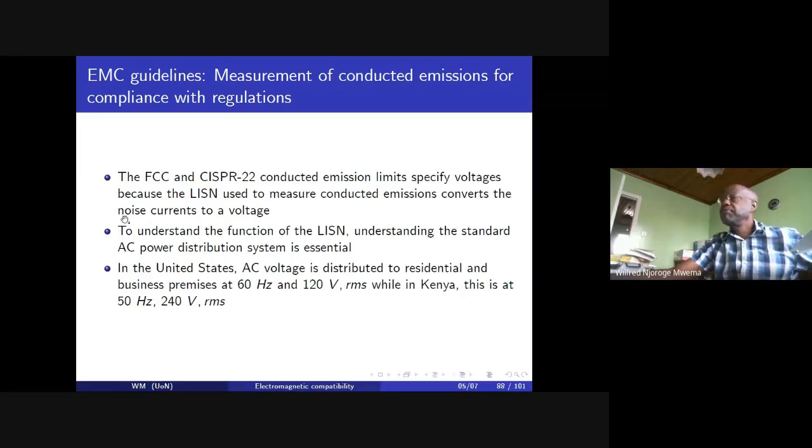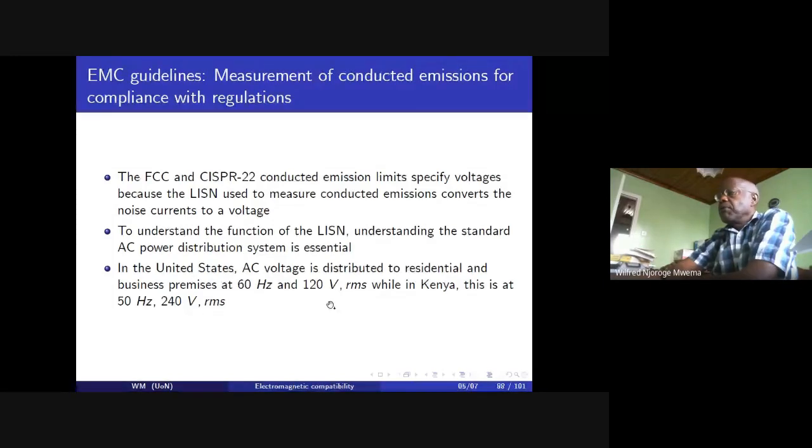But today the new standard is 230 volts RMS, rather than the 240. We have seen that most of the equipment usually has plus or minus 10%. Today we are using plus or minus 6%, I think, and therefore 230 will still be covering the earlier value of 240 volts, so to speak.